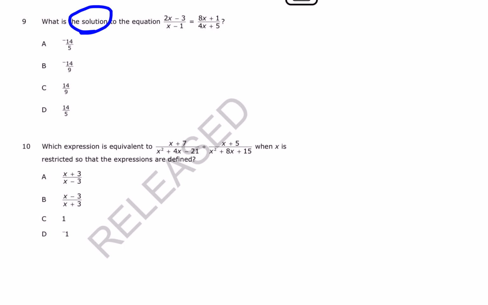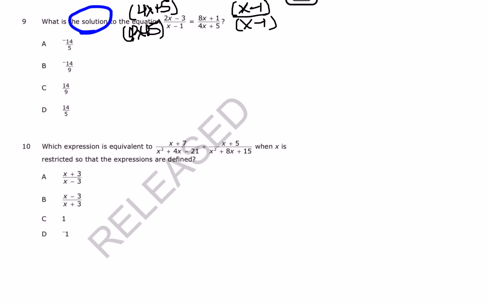So I'm going to multiply x minus 1, top and bottom, numerator and denominator, x minus 1, x minus 1. And then I'm going to do the same on the left side for x plus 5 and 4x plus 5.